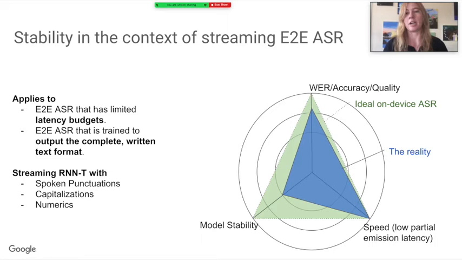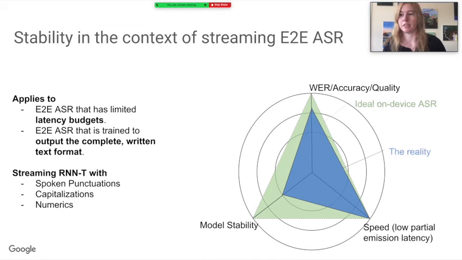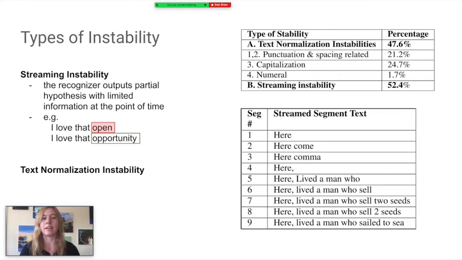We're using a streaming RNNT model that incorporates spoken punctuations, capitalizations, and numerics. Our initial balance favored fast results, a low interval between partial emissions, at the expense of stability, with a fairly good accuracy rate.